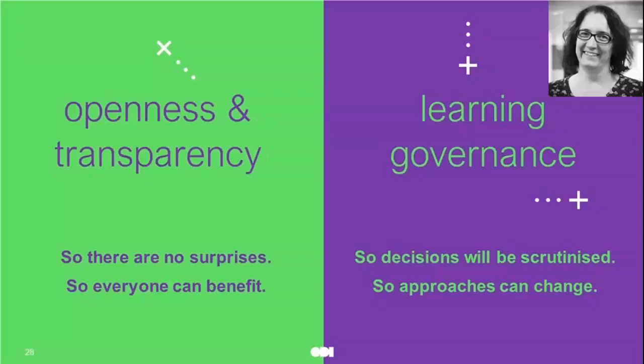One of the things that breeds distrust in the way in which data gets collected and used is when people are surprised when it emerges through the press that data has been used in a particular way. Preempting that with proactive openness and transparency is vital for preventing those shocks that diminish trust in the system, that diminish trust in public authorities.